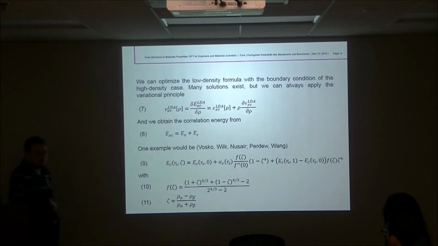One question. Yes. How do you get the constants in these? Good question. Well, these guys actually performed a lot of Monte Carlo simulations. And then they were fitting Monte Carlo simulation of what? On electronic densities. So basically full electronic, not DFT, right?